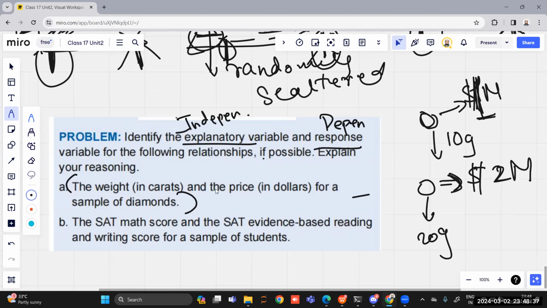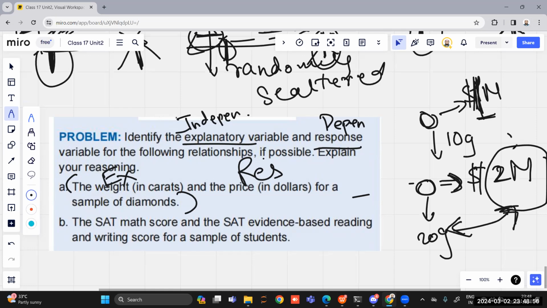Correct. And the price is the response. Why? Because the price of the diamond is dependent upon the weight, the carat of it. Yes or no? So the price is dependent. So this is response and this is explanatory. You got that right?